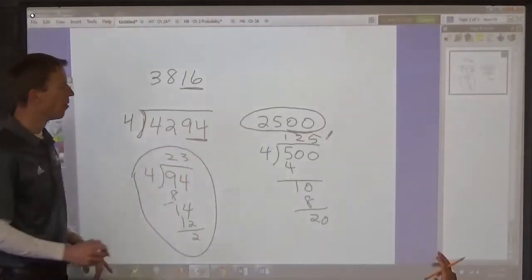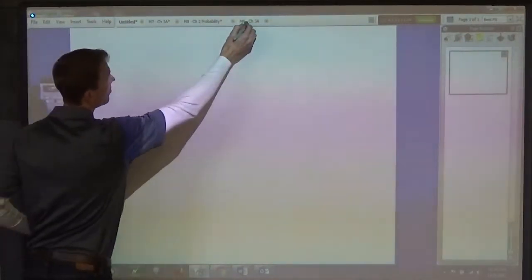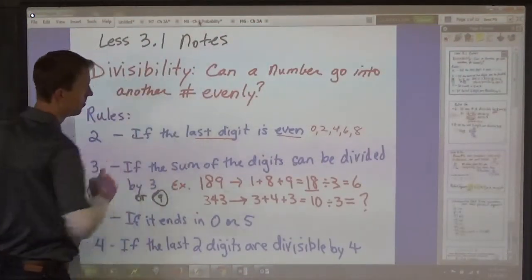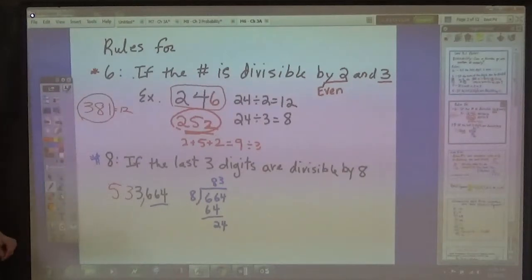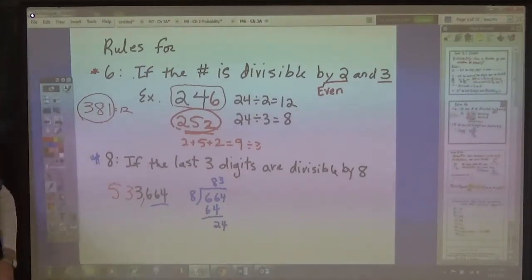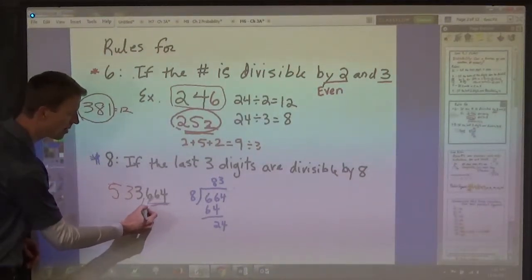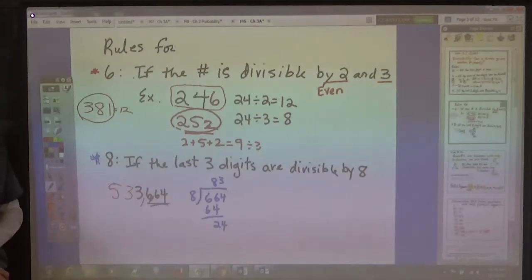Okay? For the rule for 8, the rule for 8 uses the last 3 digits. So the rules for 4 and 8 are similar. The rule for 8 is to use the last 3 digits instead of the last 2 digits.